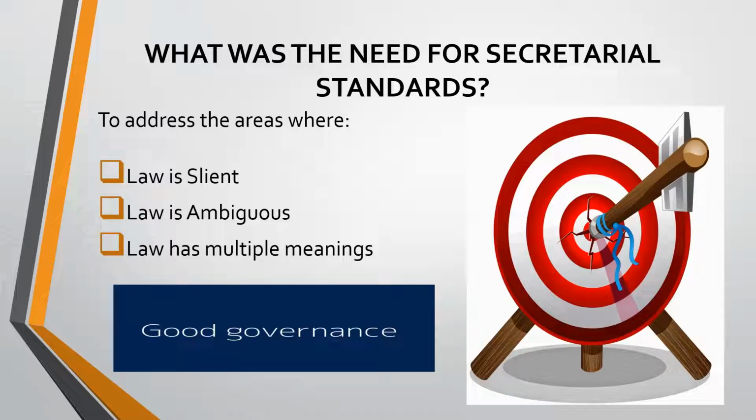These two standards were issued in October 2017, and exactly after 3 months, SS-3, that is Secretarial Standard on Dividend, was issued in January 2018, and SS-4 on report of the Board of Directors was issued in October 2018. Subsequently, a guidance note on SS-4 was also issued in May 2019 by the Institute.